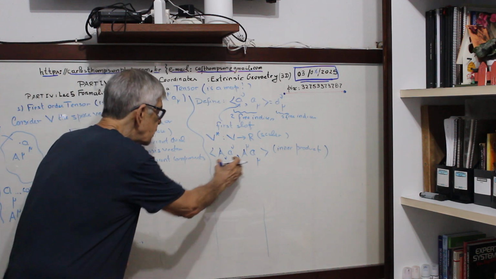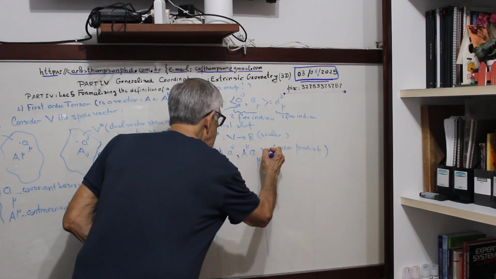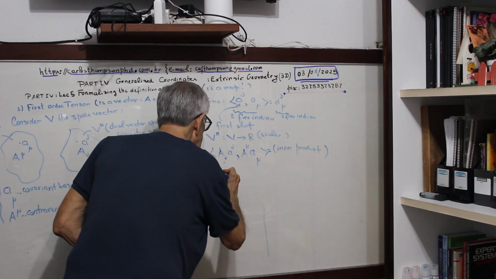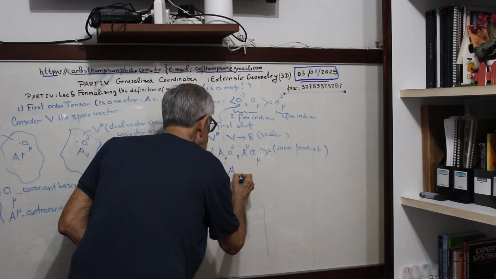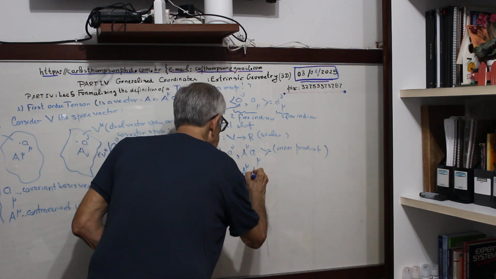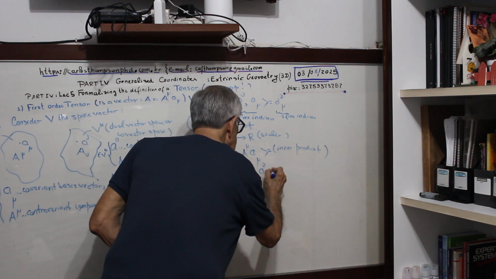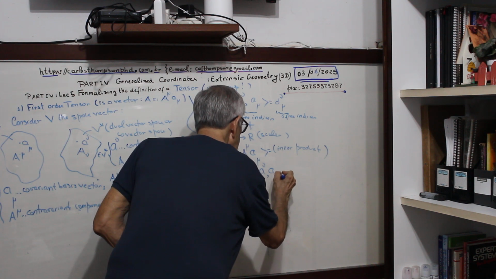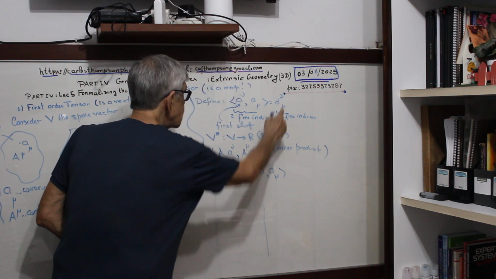This behaves like a dot product. So this is equal to, now the inner product, this over here is just delta.